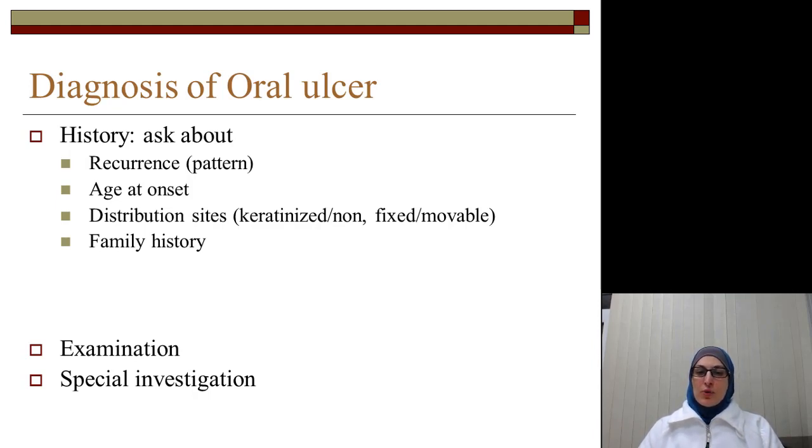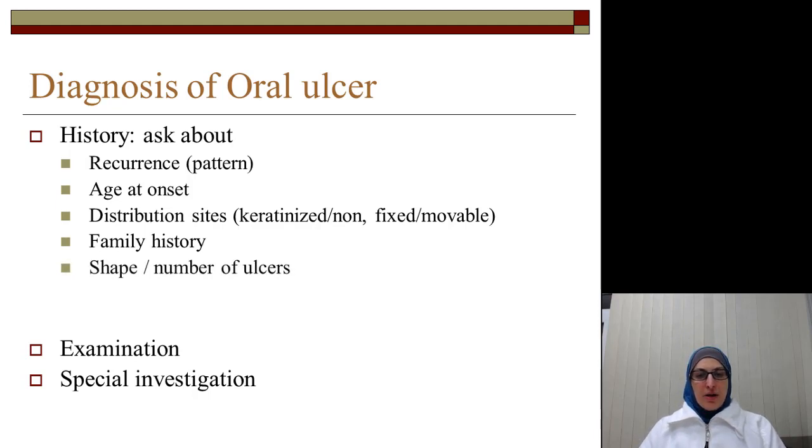So family history is an important part of RAS diagnosis, also in Behçet's disease, while in other conditions it might not have that influence. So it is also a good idea to ask about family history: does any of your brothers or anyone in the family have the same or a similar condition? This would give you a clue.